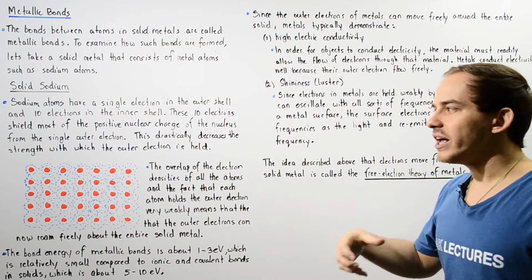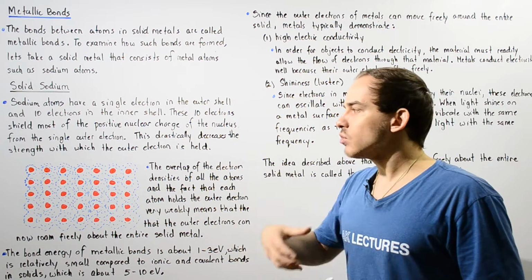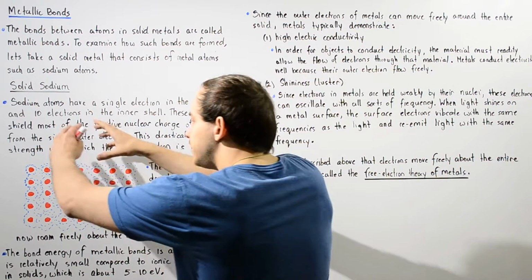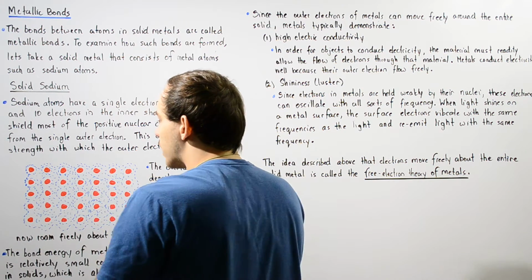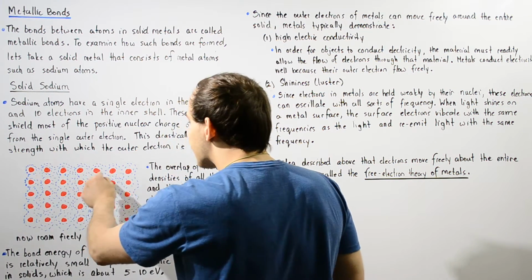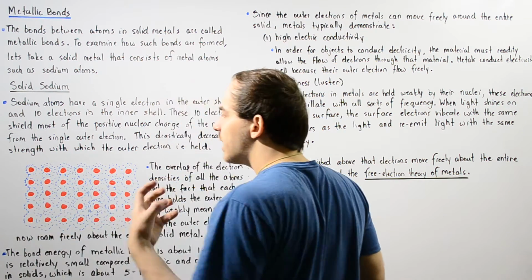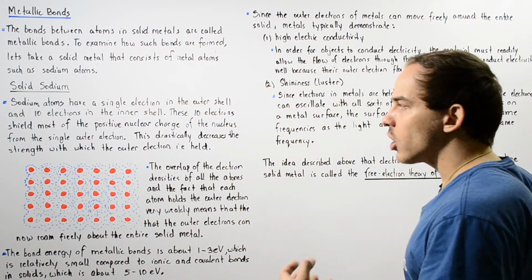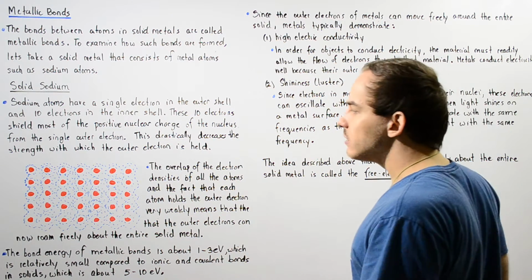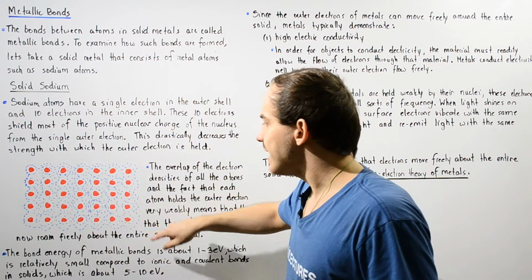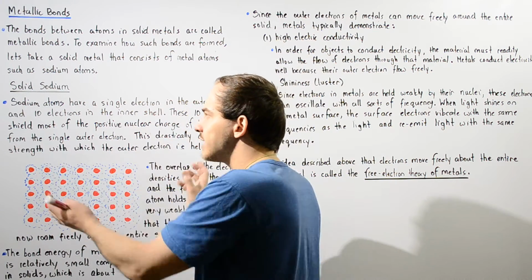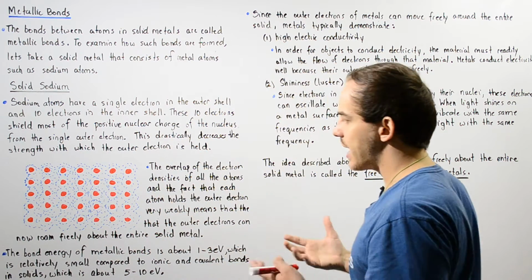And the electron densities of our outer shells basically combine, and all these atoms combine their electron densities, forming the following blue region. And because those electrons are held very weakly, that electron of each atom can basically move everywhere and anywhere within that entire solid sodium metal.